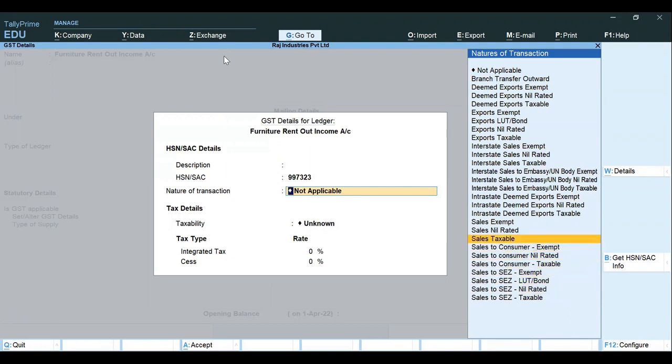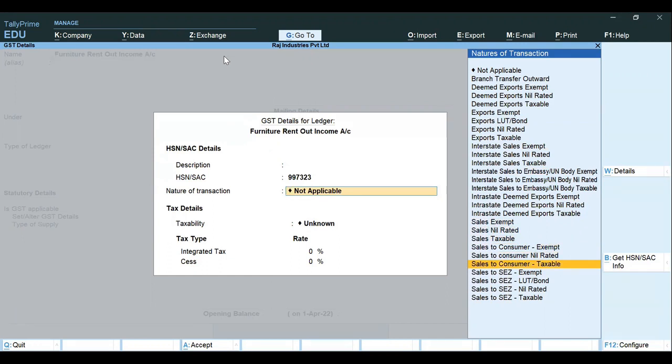Now, if this is a sale happening within the state, then it is sales taxable, sales nil rate, sales exempt. You can choose accordingly. If you're making the sale to a consumer, I can say sale to consumer.